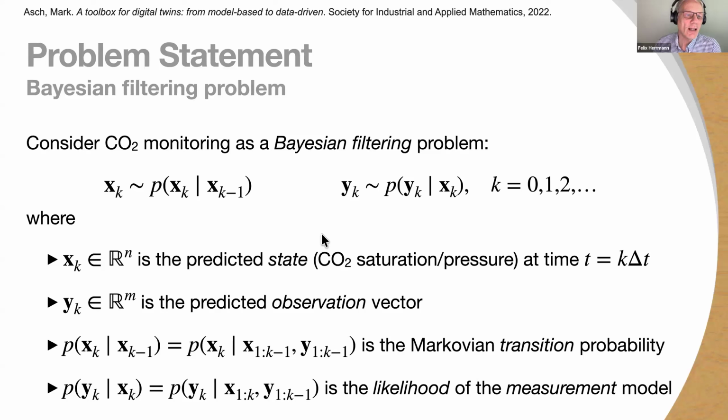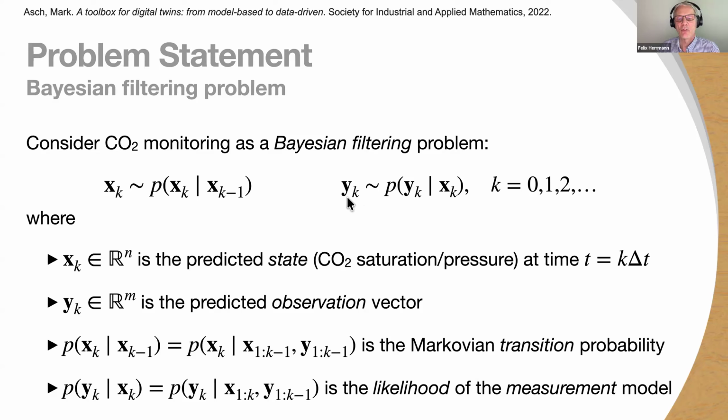Okay, so let's consider this problem as a Bayesian filtering problem, where we are dealing with the transition density that's basically given by the M of the previous page that relates the state of the reservoir at time k minus 1 to time k.